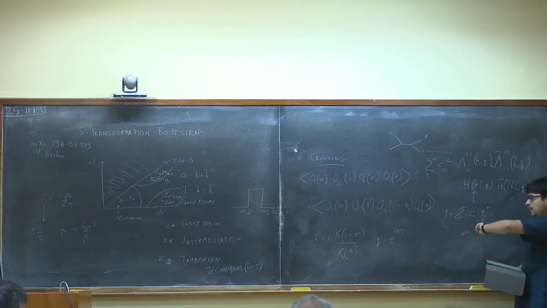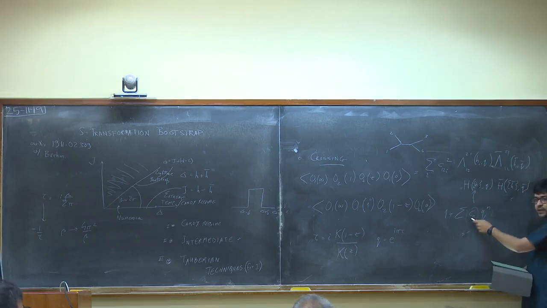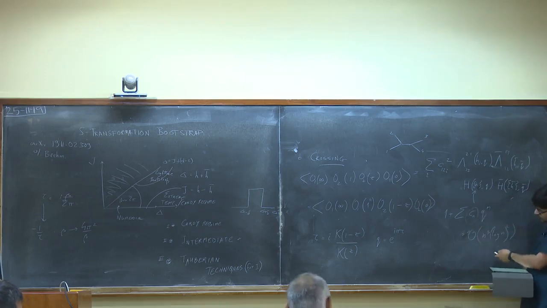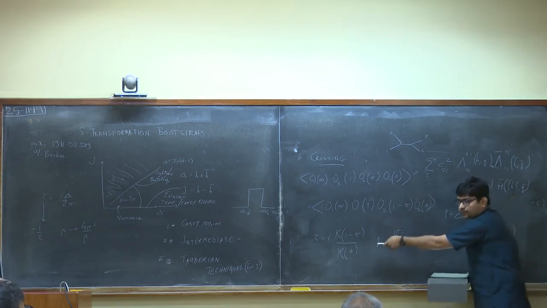But these are complicated recursion relations, and the computing time to determine these grows as order n cubed log n squared. We don't need the details of the recursion, but I just want to say that for large n, these are very difficult to compute. But one can get the large n information very easily using the S transformation.